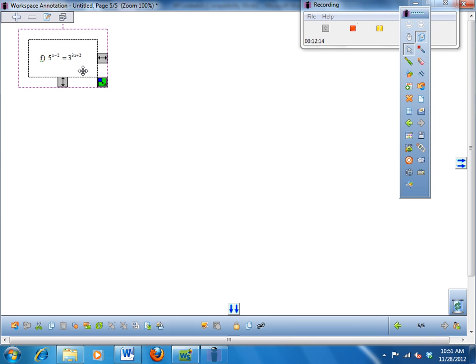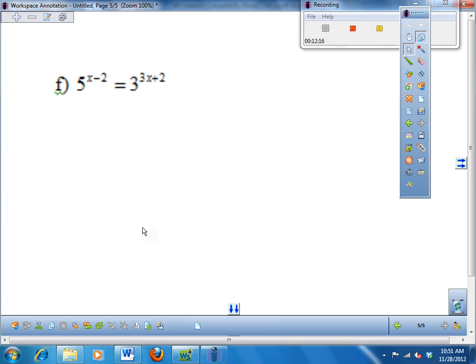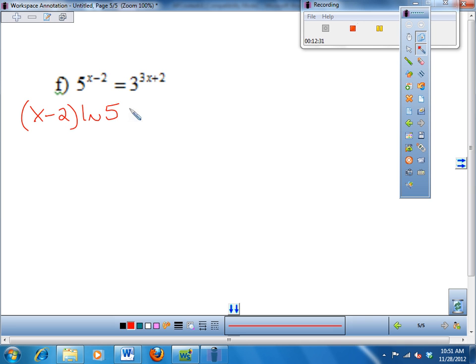So with this one, they say solve it. What you want to do is first I would take the natural log, it's just a lot of steps. X minus 2 times the natural log of 5 equals 3x plus 2 times the natural log of 3. But then you got to get x by itself, right?